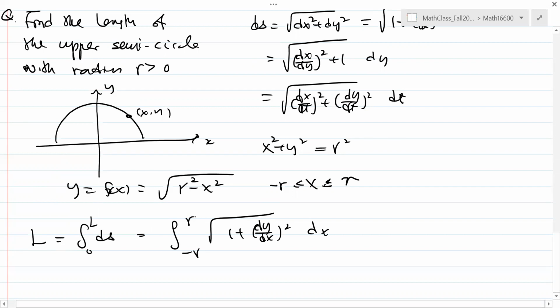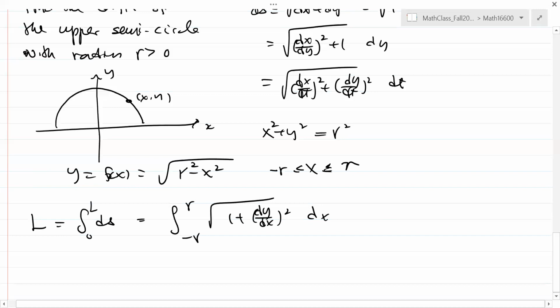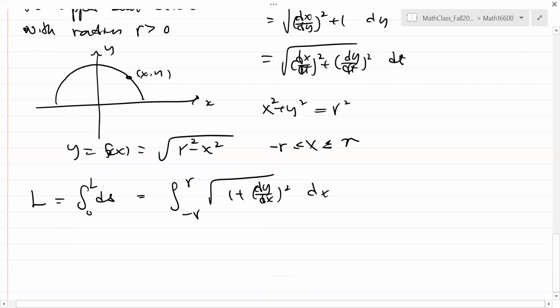The formula on the left-hand side is trivial. Why? If you look at this formula, it's the integral of 1 with respect to s from 0 to L, where L is the length of the semicircle. But now you change it to the x variable, with this kind of substitution.